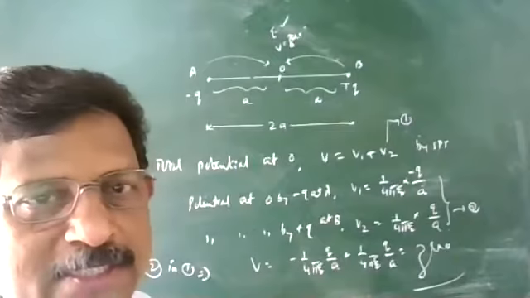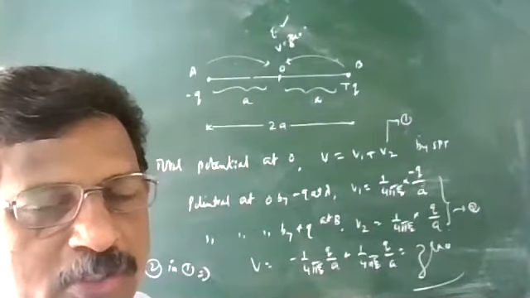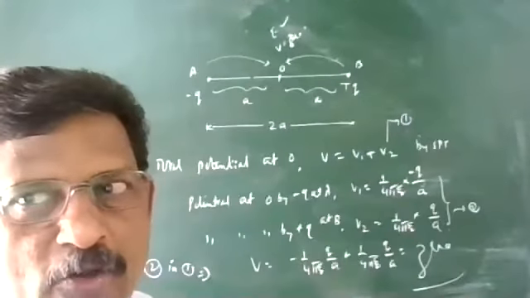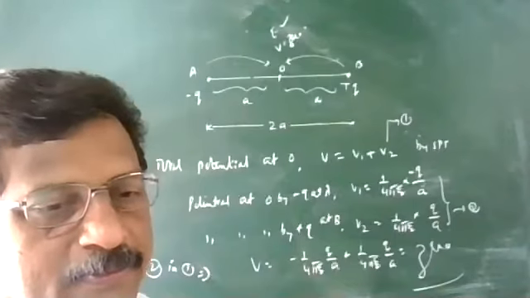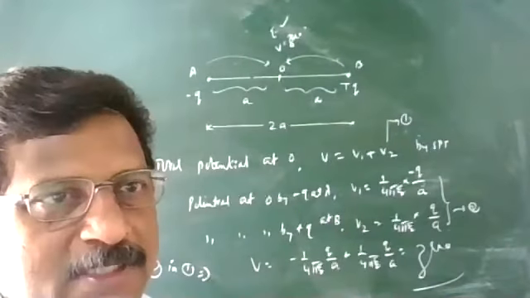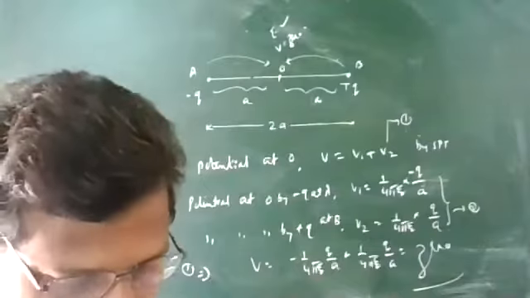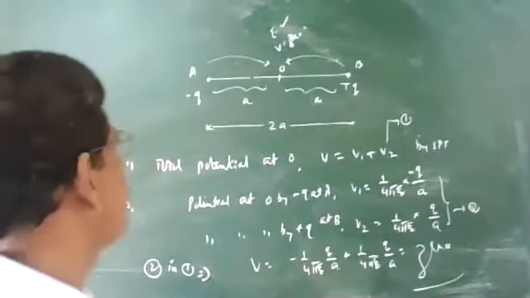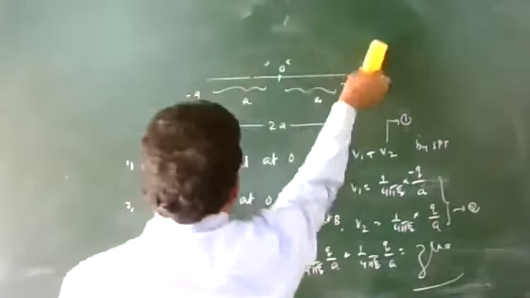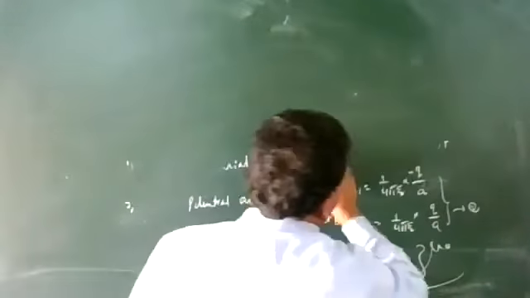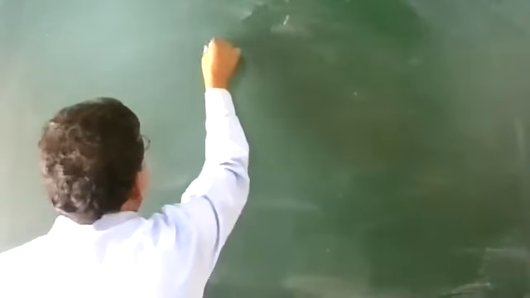Okay, next example. You got to find out if this is a board question. Find the potential at the center of a square where 4 charges are placed at the corners of a square. Next numerical, numerical number 2.